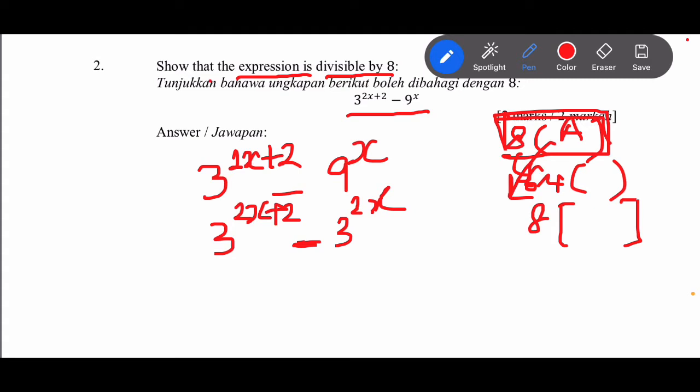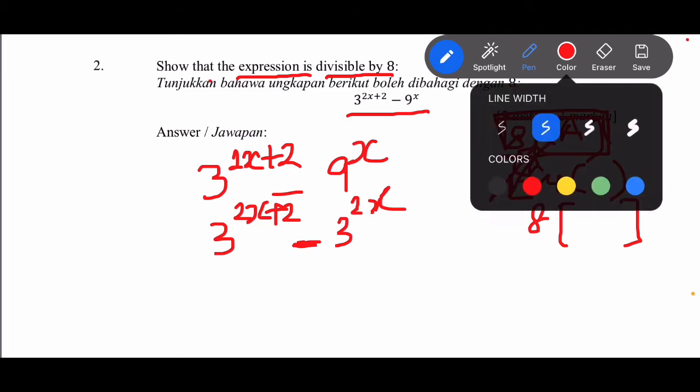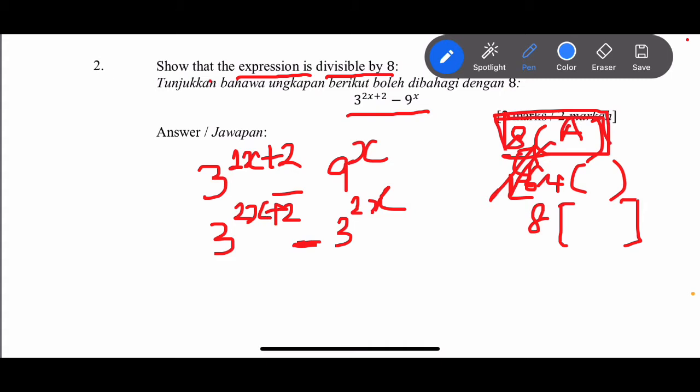So we are going to use this index law to expand. Okay, so let's expand 3 power 2x plus 2 by using this law. I'm going to write the law for you. a power x times a power y is a power x plus y, right?